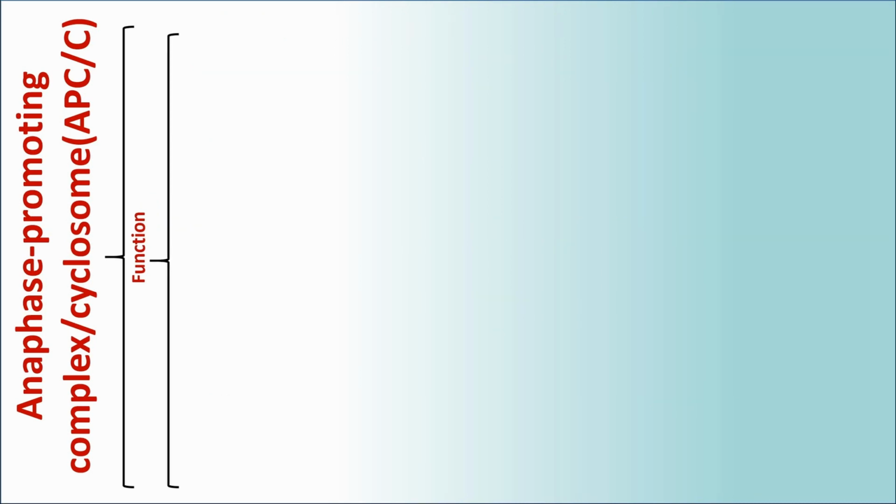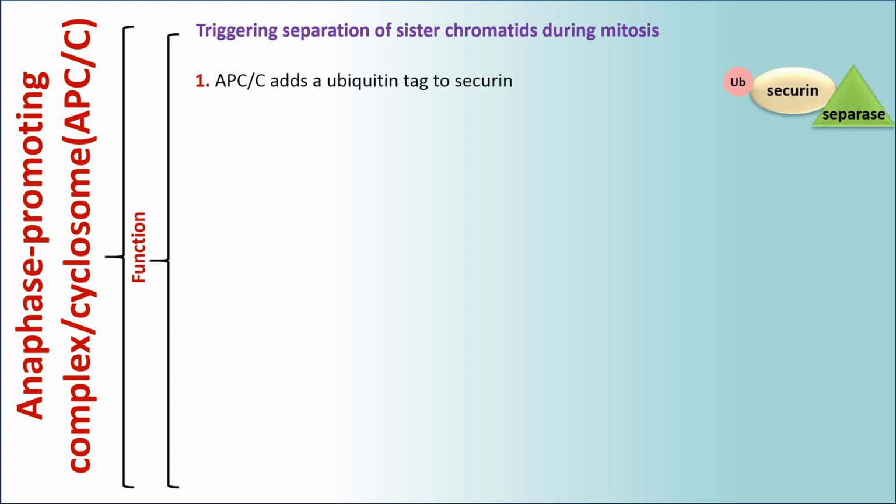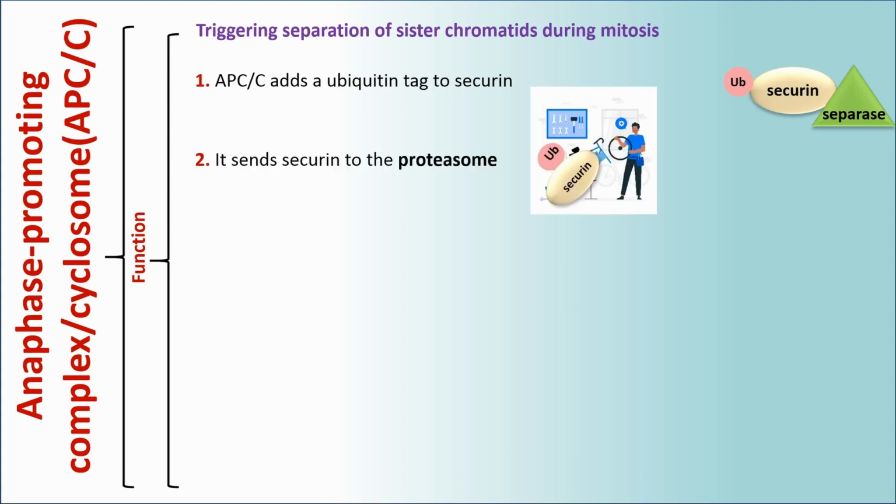Another function of APCC is triggering separation of sister chromatids during mitosis. Step 1. APCC adds a ubiquitin tag to securin. Step 2. It sends securin to the proteasome. Step 3.